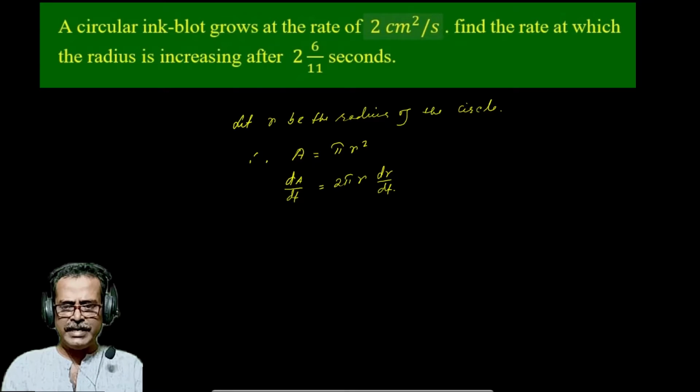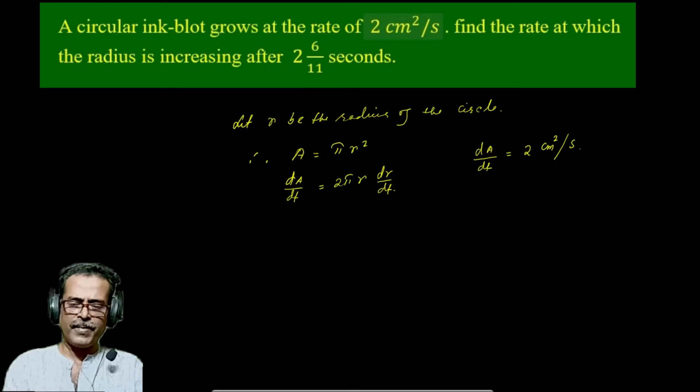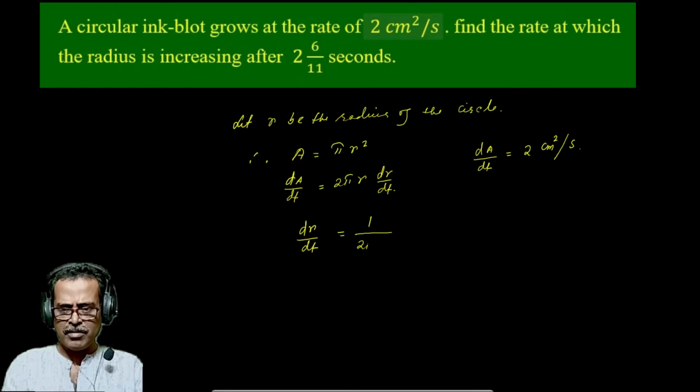Okay, dA/dt is equal to 2 centimeter square per second. Okay, so dr/dt is equal to 1 by 2 pi r into 2. Now, what is the value of r?